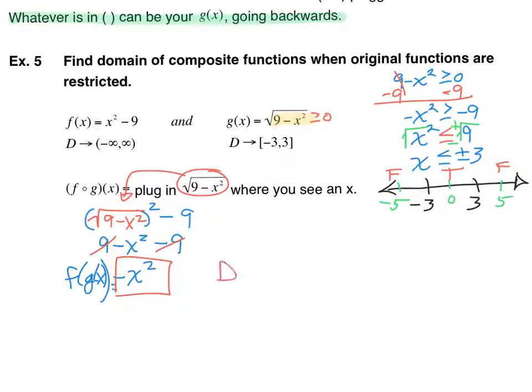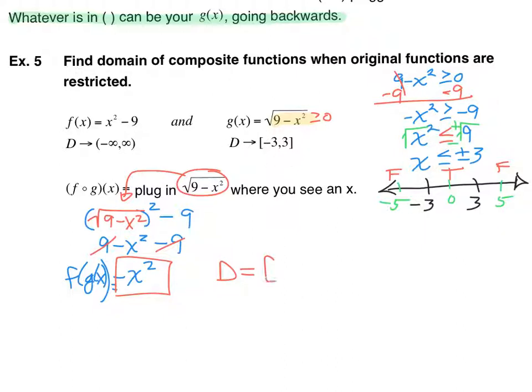So what's the domain? Well, normally the domain of this would be unrestricted, but the problem is we put a restricted function into the original function. So we always have to look at our original function before it was ever simplified. Because this is a restriction here, and this is more restricted than not restricted, this becomes our domain.